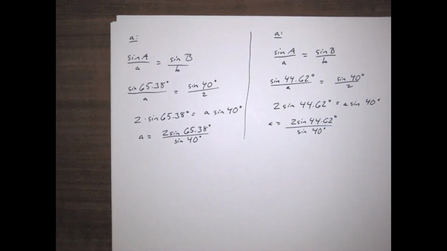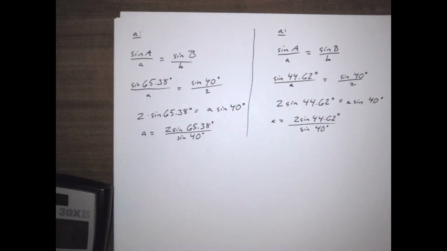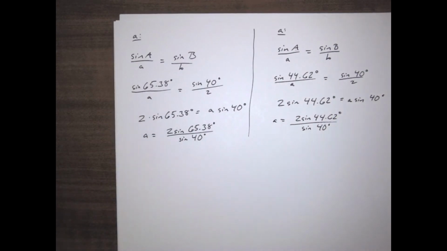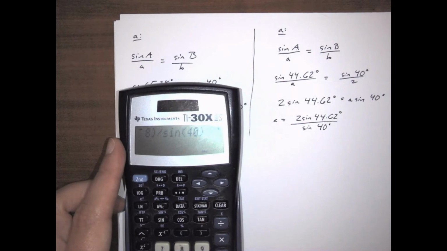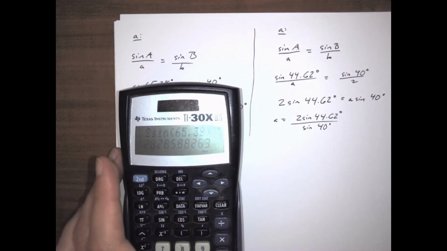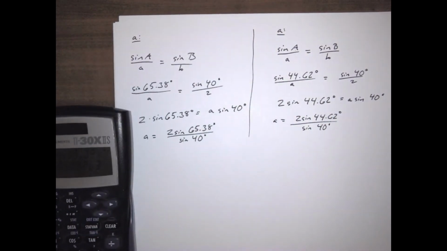Okay, so let's see what this will make. So that means 2 sine 65.38 divided by sine of 40. So that's me just entering in what it says there. And that gives me 2.83.